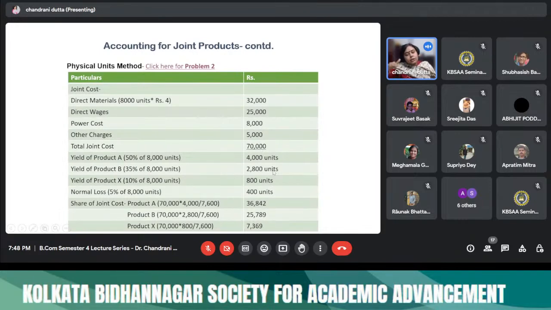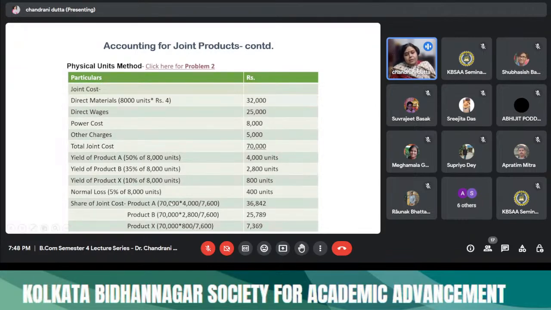If I divide by 8,000, the cost per unit comes down, which is wrong. I will have to divide 70,000 rupees by 7,600 units, so my cost per unit goes up. Why does it go up? Because A, B and X have to bear the cost of normal loss. Is it okay?